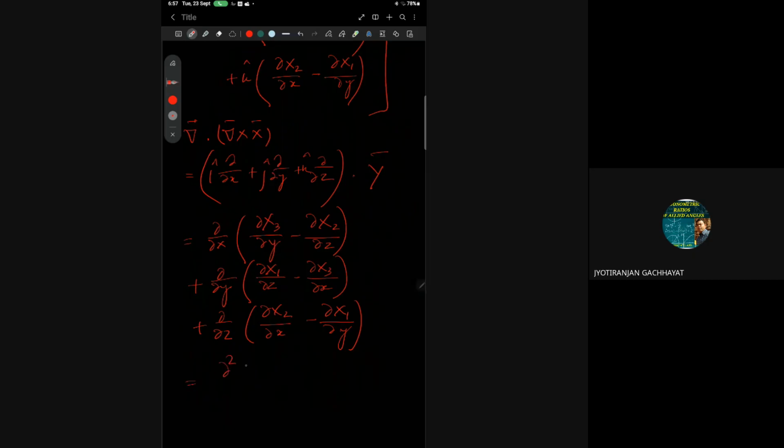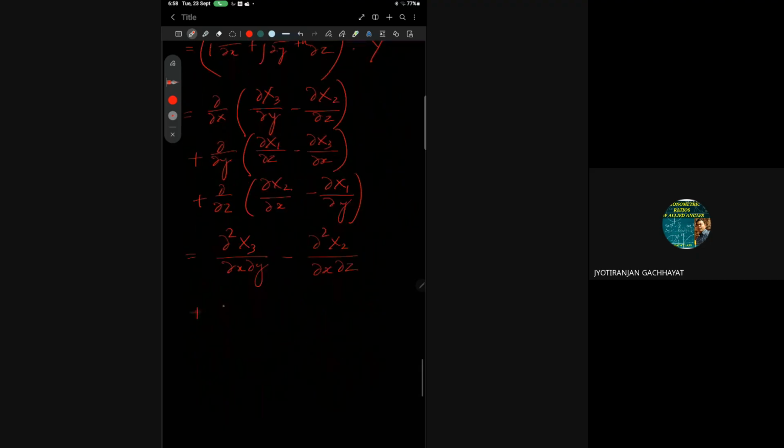The first term: del square x3 by del x del y minus del square x2 by del x del z, plus del square x1 by del y del z, minus del square x3 by del y del x, plus del square x2 by del z del x, minus del square x1 by del z del y. These 6 terms we will get.